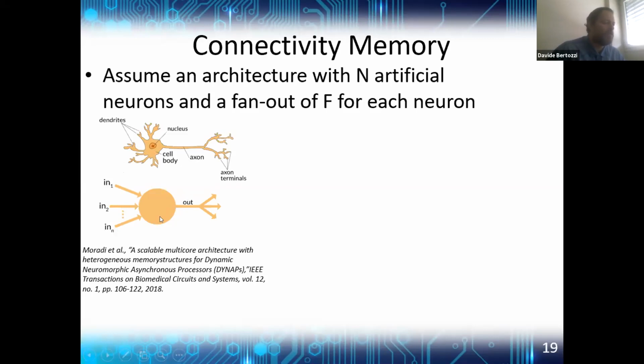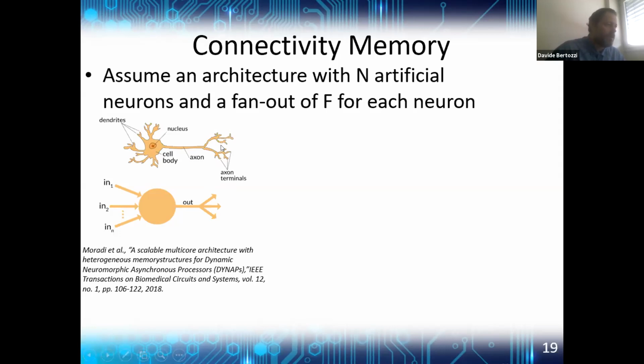This closely reproduces the structure of the brain, where we have neurons, then we have axons that are used for the communication between this neuron, this subbody, and a number of axon terminals. So a number of destinations can be reached through these axon terminals.